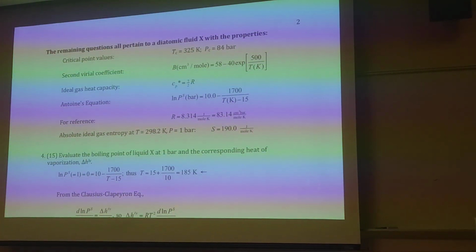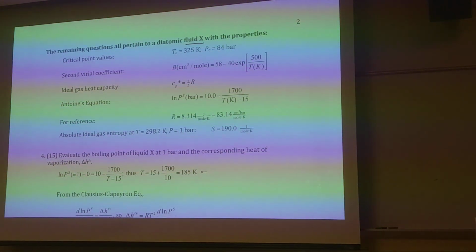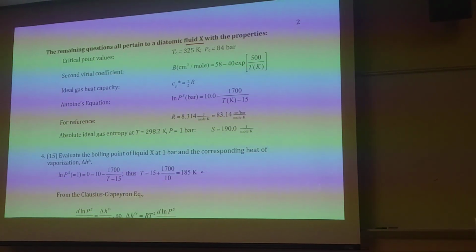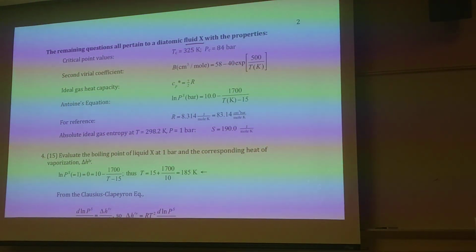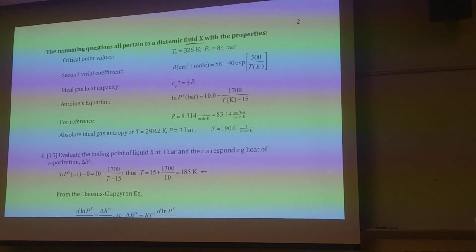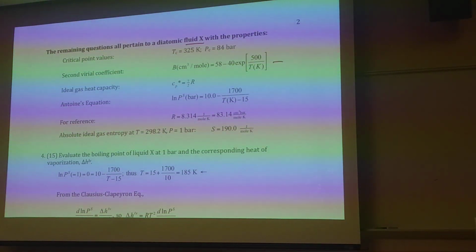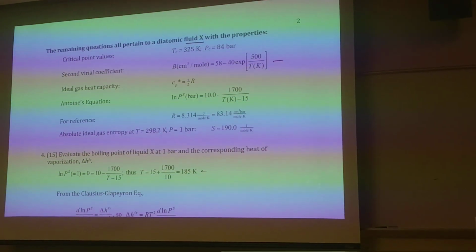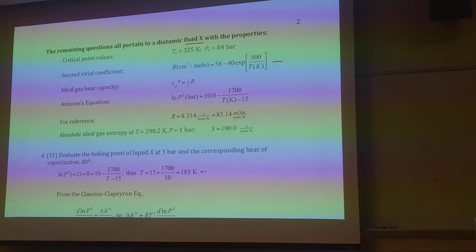All right, for the remainder of the test, I gave you a lot of information here about a particular gas, fluid X actually. I give you the critical point properties, critical temperature and pressure, the second virial coefficient as a function of temperature. I give you the ideal gas heat capacity, so evidently we can see this gas is a diatomic gas.